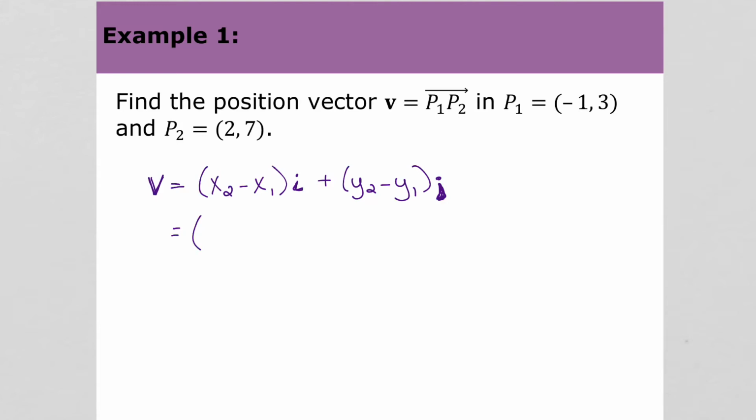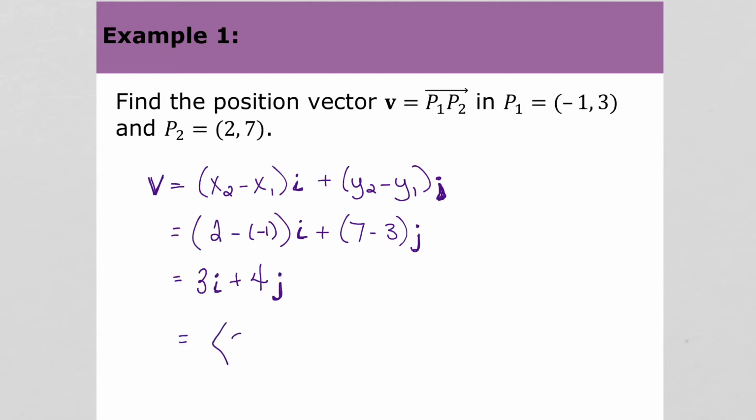So we've got (2 minus negative 1) i plus (7 minus 3) j. So that would be 3i plus 4j. Writing that in component form, the same thing would be like this, (3, 4), with our little pointy parentheses.